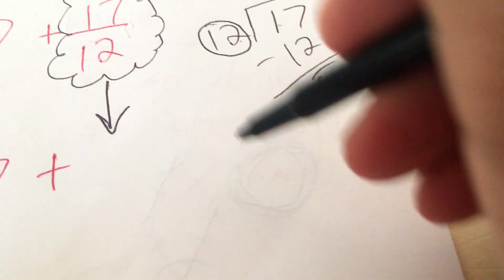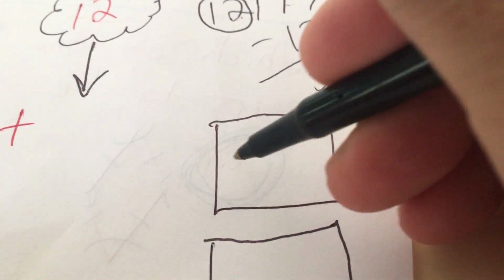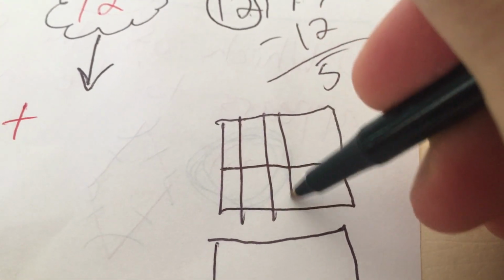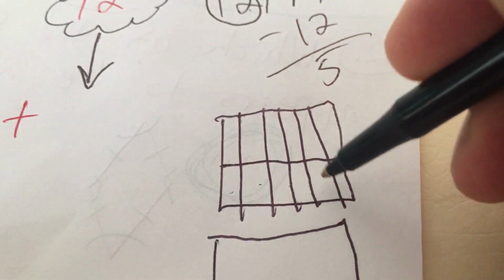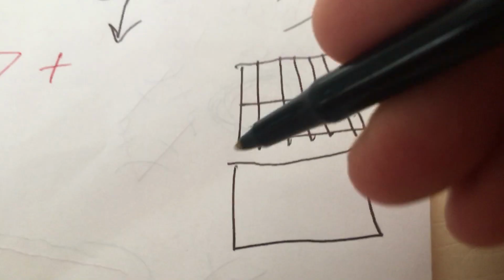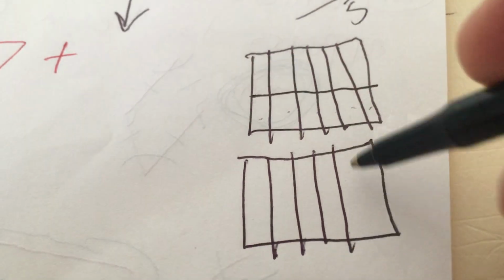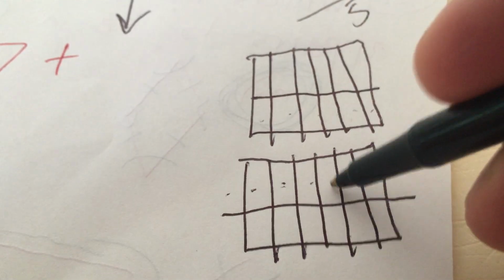All right, if I drew a picture of 12ths, I'm going to draw 2 holes here. If they were 12ths, that would mean that there are, let's see, 1, 2, 3, 4, 5, 6, and then 12. And then if we made 12 more, 1, 2, 3, 4, 5, 6, and then 12. Yep.